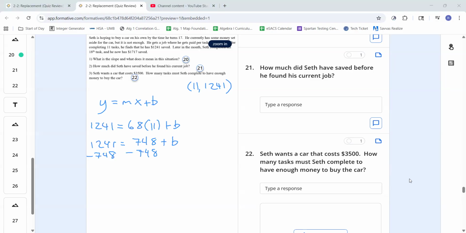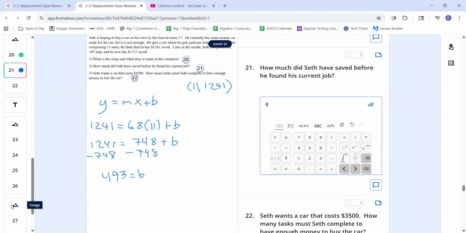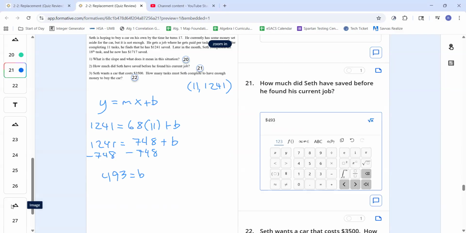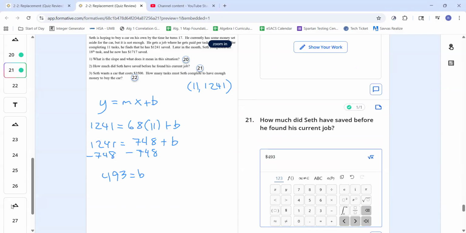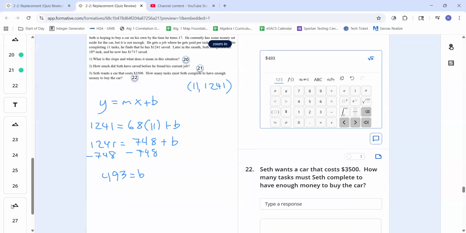So I'm just going to do 1241 minus 748. And I get 493 for b. Okay, let's see if that's right. $493. And yep, we're good.